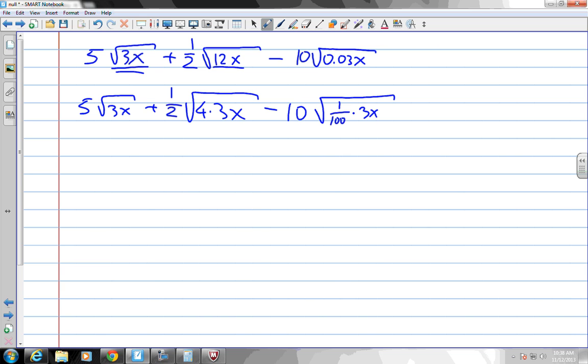Now 1 over 100 is a perfect square. We'll be able to take the square root of it, right? Well, now, what is the square root of 4? So 2 comes out, and it gets multiplied with whatever's in front. And the square root of 1 over 100 is 1 over 10. So it also gets multiplied with whatever is in front.